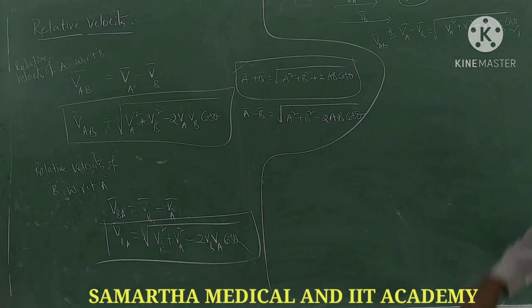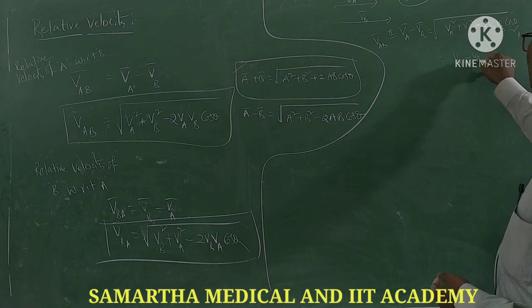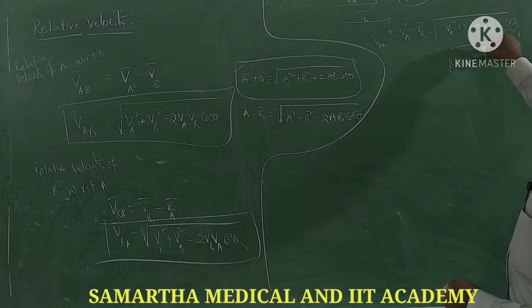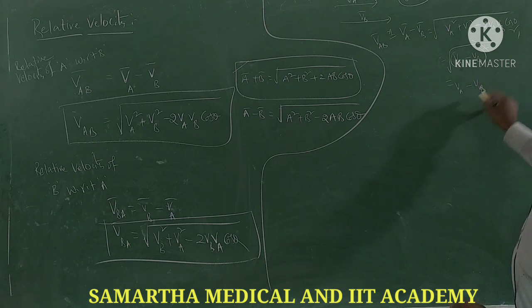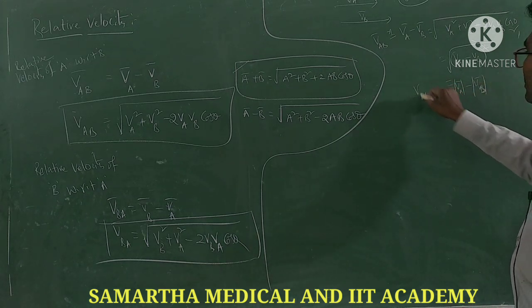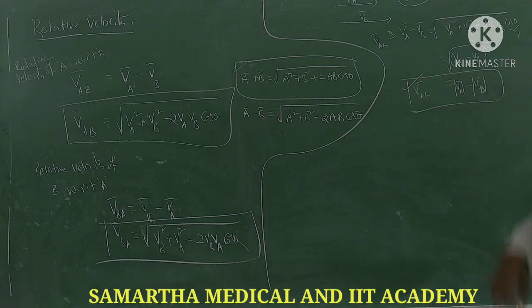Cos 0 is 1, so we can write VA minus VB whole square, and square and root cancel. So VA minus VB, the magnitude of VA bar minus the magnitude of VB bar. In the same direction, you can directly subtract the magnitudes.